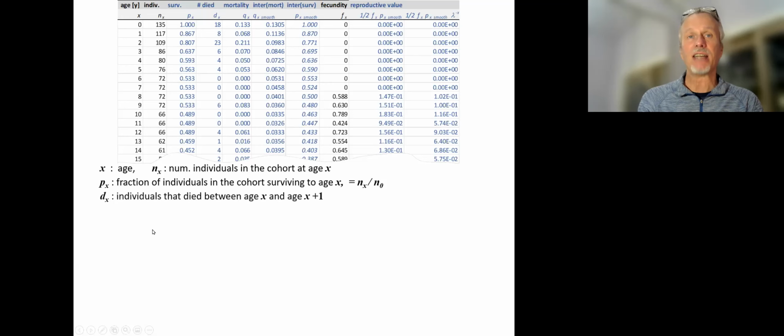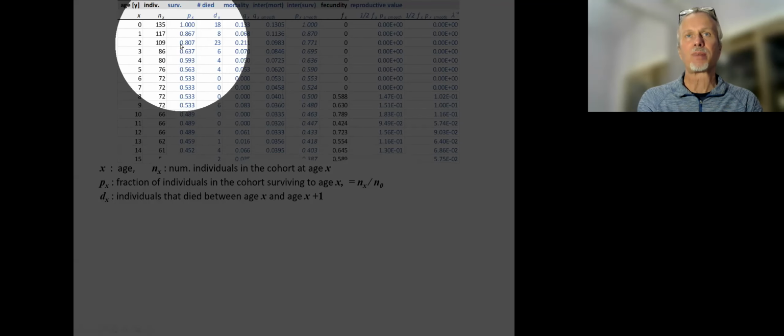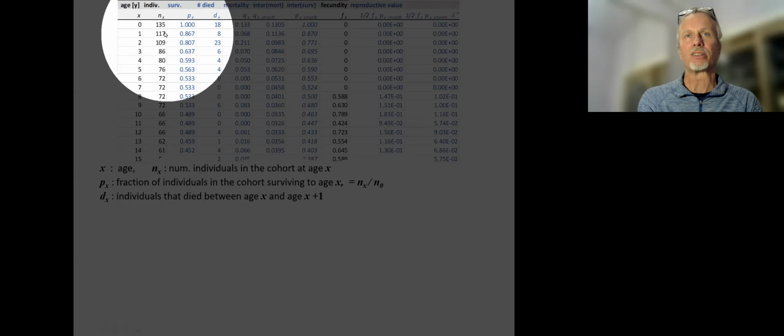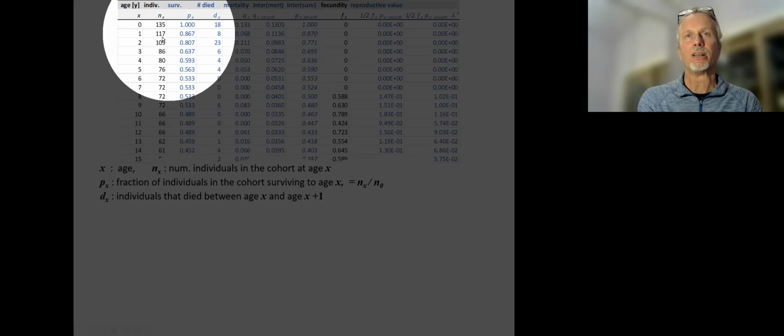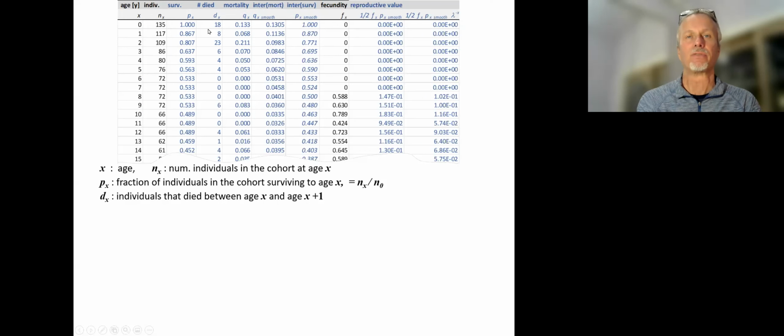We can compute dx, the individuals that die between age X and age X plus 1. And so we got 18 individuals that are dying in this cohort from age 0 to age 1. So we report here the difference of 135 minus 117, which is equal to 18. And then 117 minus 109, which is equal to 8, and so on and so forth.